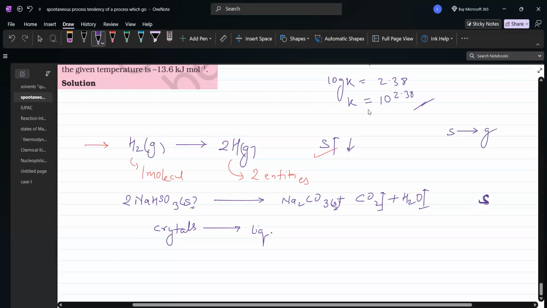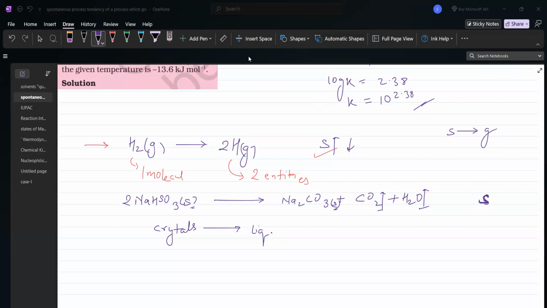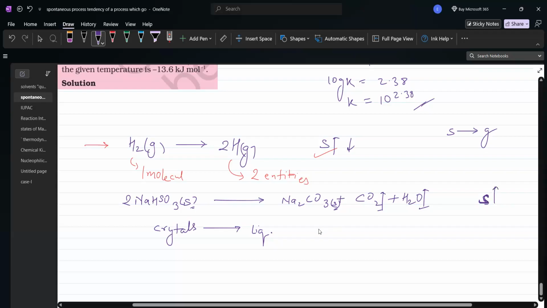Increased. Ali? Increased, sir. Increase, simple. The particles of gas are more free to move than solid. So when they move, the entropy will increase as randomness has been increased.